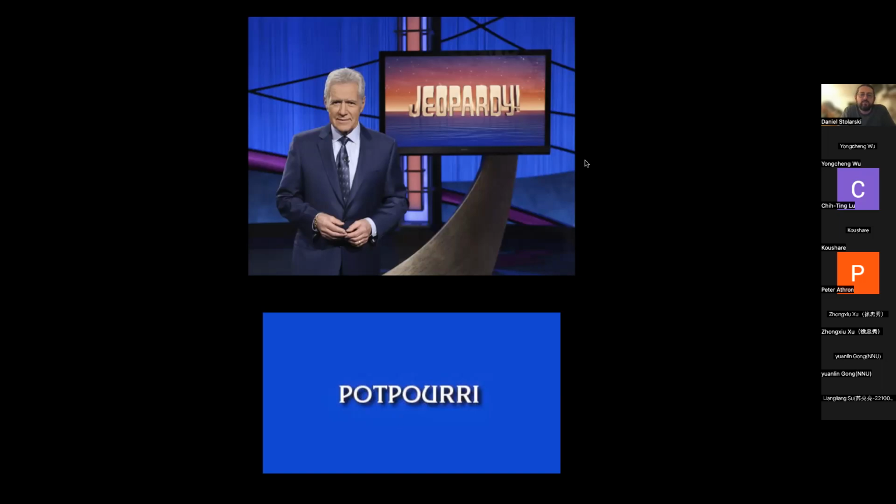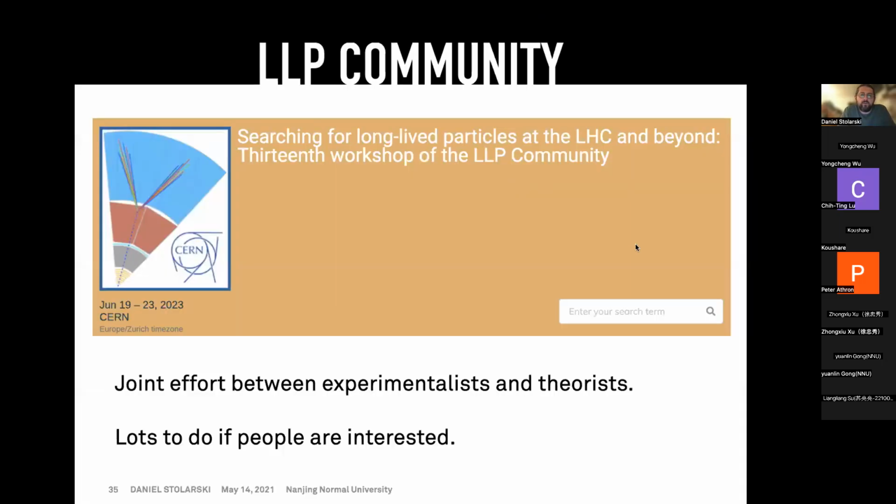Okay, so our work and the work of various other theorists talking about different kinds of scenarios with long-lived particles has spawned this LLP community, which is a joint effort between experimentalists and theorists to try to figure out what can be done in practice. How can it be done the best way?